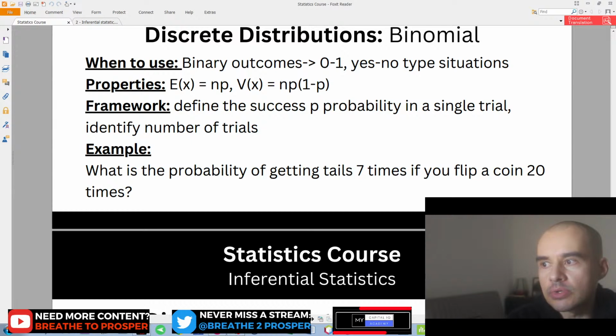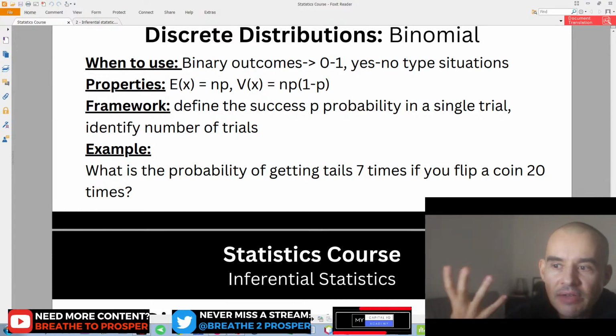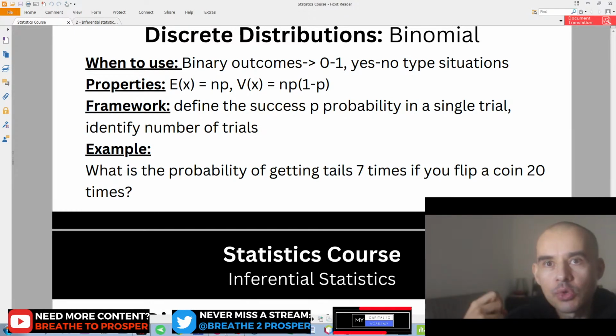So N is about the number of outcomes. P is about the probability. So let's say I ask you, what is the probability of getting tails? This is a binary event, so it's tails or heads. But it's 7 times if you flip a coin 20 times. Think about this for a minute. What is the probability?